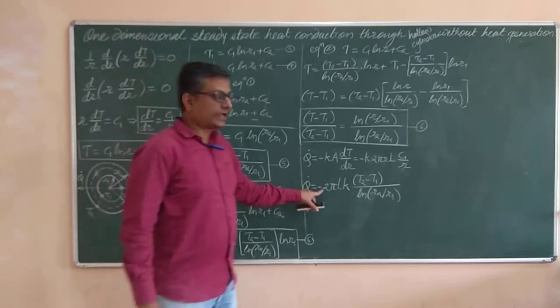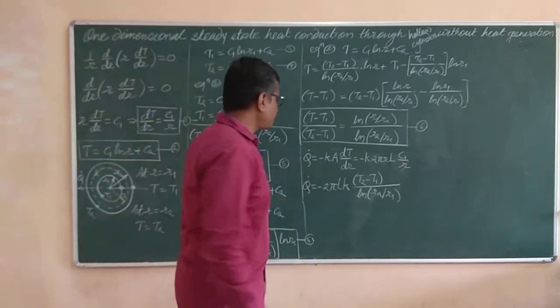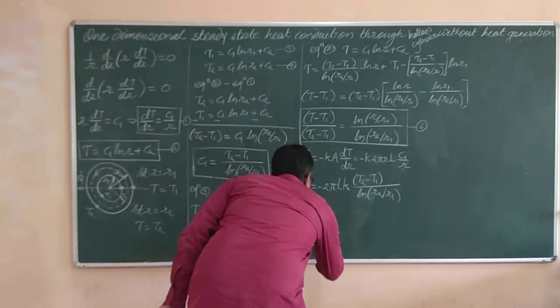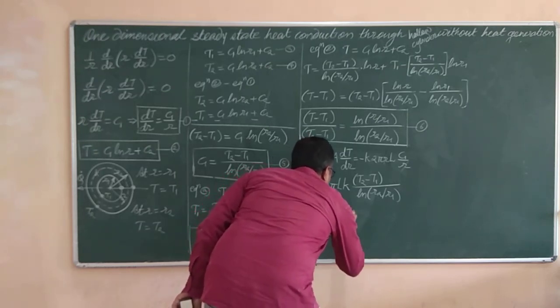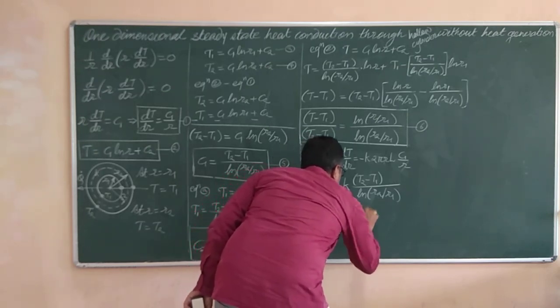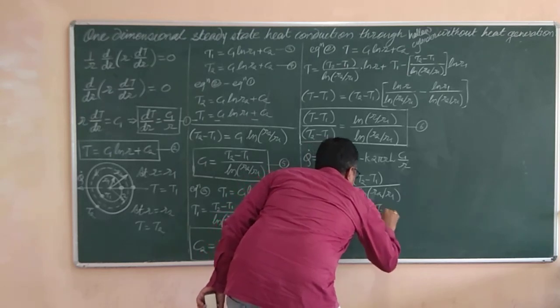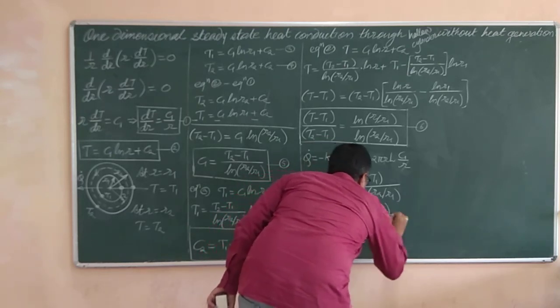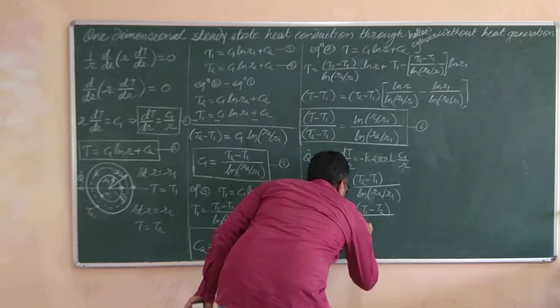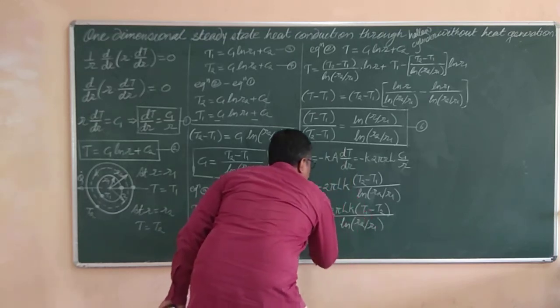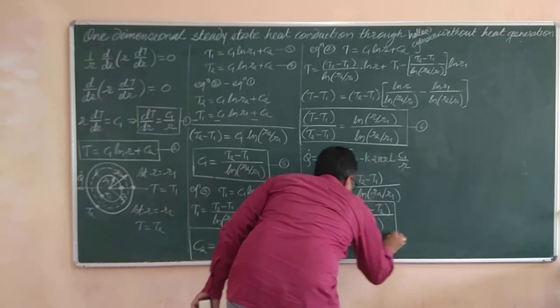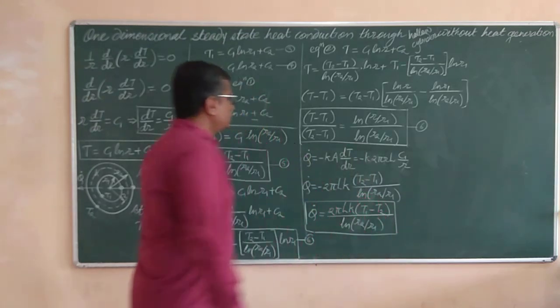If I take the negative sign inside the bracket, Q dot will be equal to 2 pi Lk into the bracket T1 minus T2, whole divided by the natural log of R2 by R1.